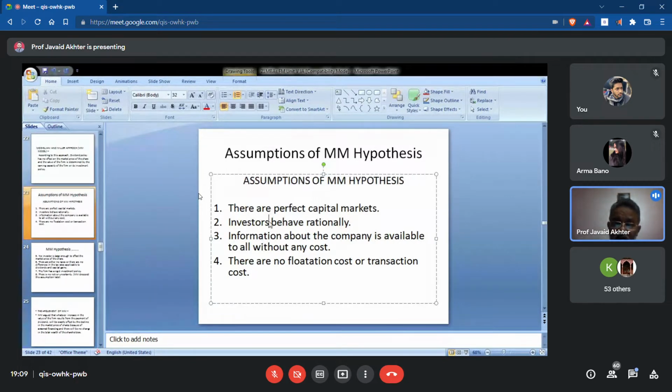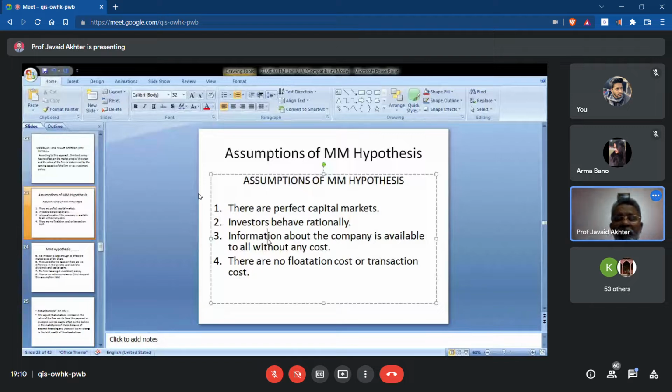Number two, they assume investors behave rationally. Number three, they assume there is no insider trading. The third one stems from the first. If the market is perfect, naturally everybody will have the same information at the same time. Nobody will have privileged information, nobody will have more information than others.